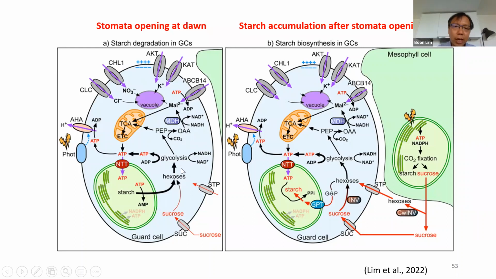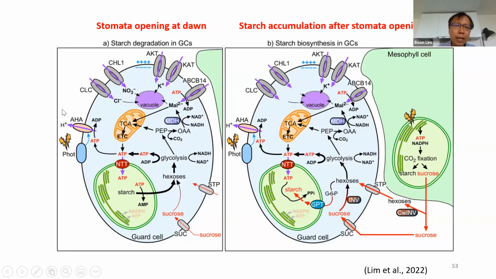The hexose can also undergo glycolysis and generate PEP. This allows the fixation of CO2 to generate OAA and then malate. The PEP and malate can also provide NADH to the TCA cycle to generate ATP, and this cytosolic ATP can be used as an energy source for the proton pump.